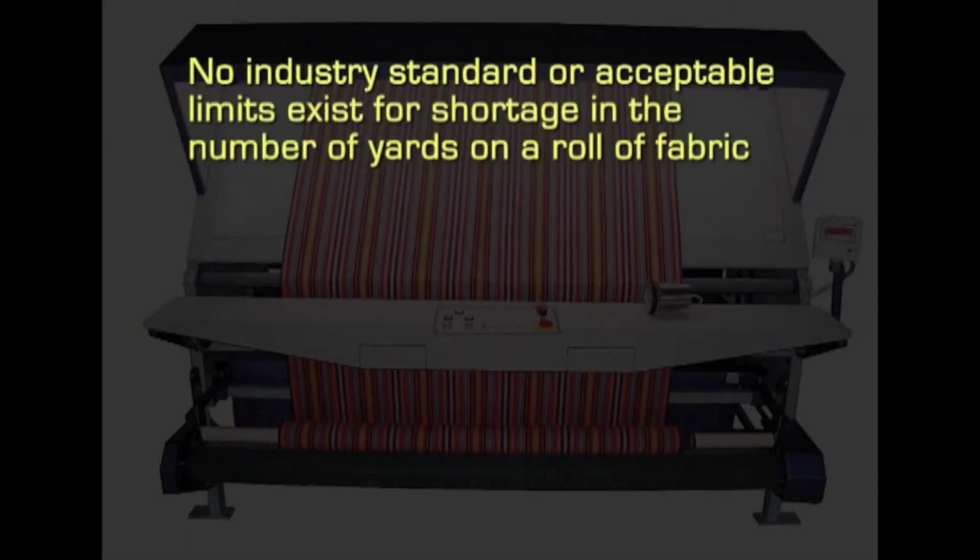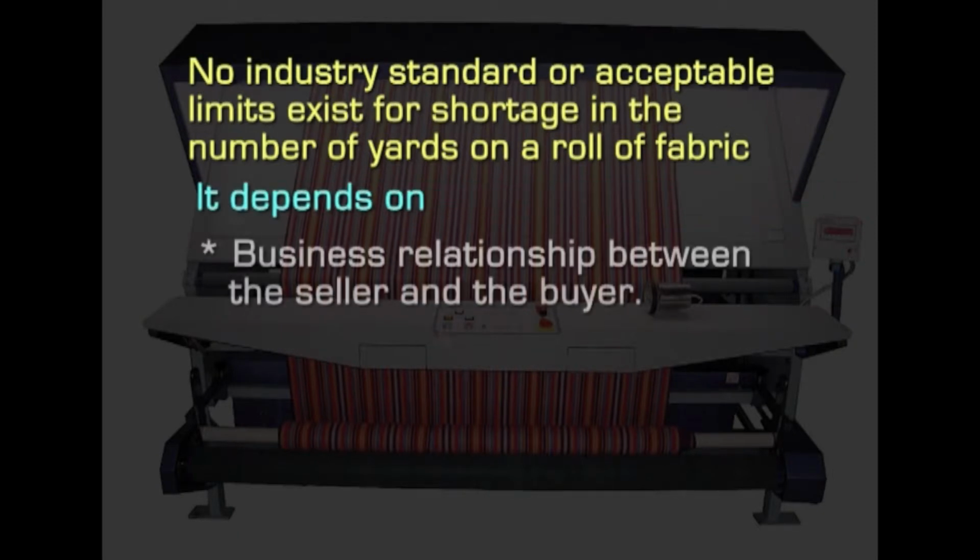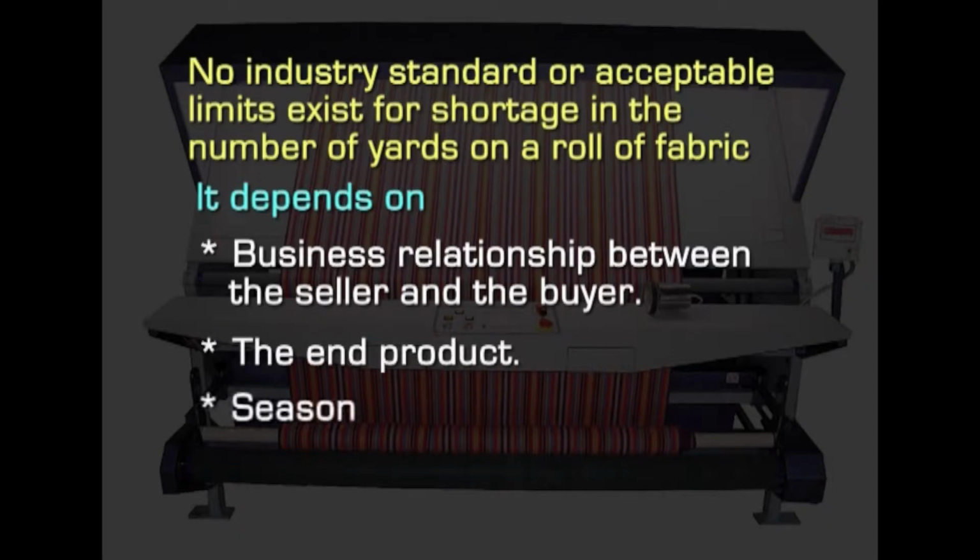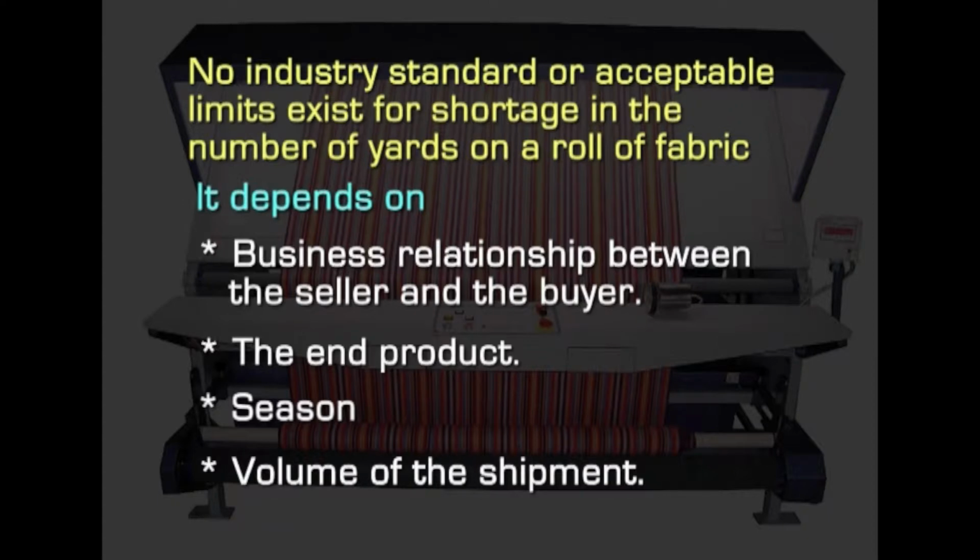There is no standard viewing condition for inspecting the fabric, and no industry standard or acceptable limits exist for shortage in the number of yards on a roll of fabric. But it depends on the business relationship between the seller and the buyer, the end product, the season, and the volume of the shipment, and no standard sampling plans are available in the industry for the inspection of the fabric.